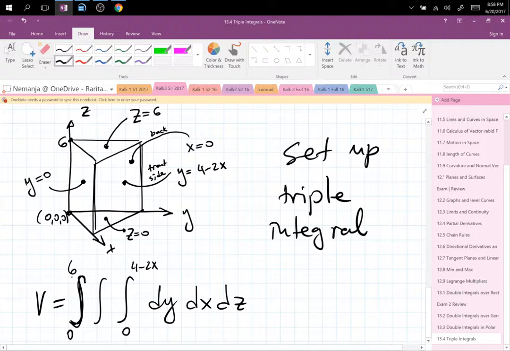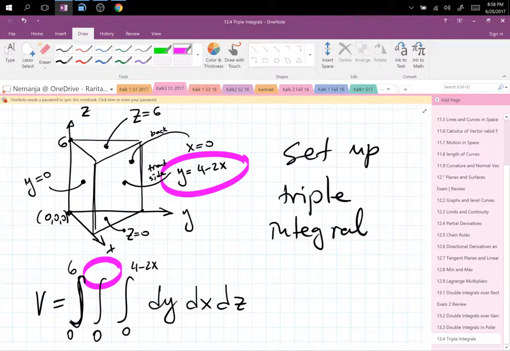And now we have our x values. We already have one equation for x, which is the equation all the way in the back, x equals 0. So we are going to use that one as the bottom. And now the big part is what goes there. If you observe this equation here, that equation will tell you how far x gets to go on the x-axis, because that is when x has to end.